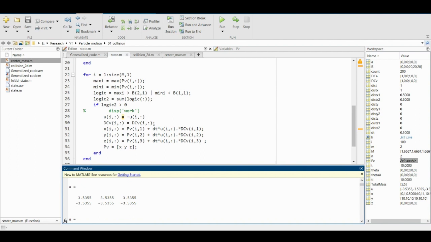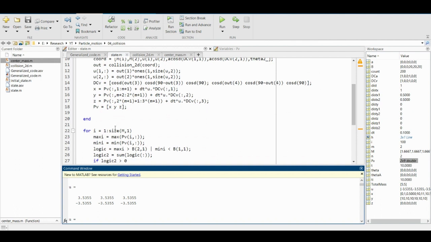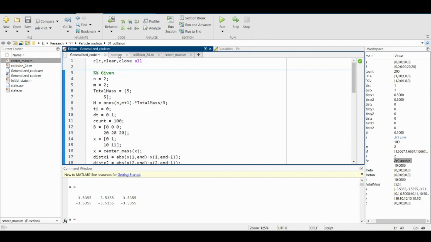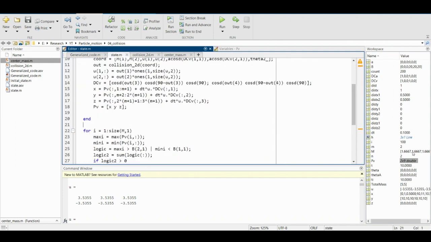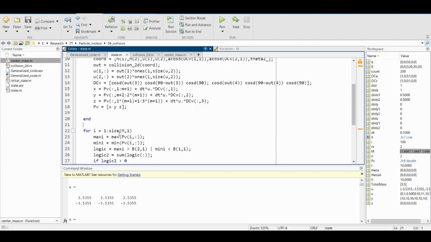Then it's if maxi of p, not all, for I is equal to 1 to size of... wait a second, I need to start from this point. So I is going from 1 to size of m. What is the size of m? M has a size of 1 to 3, it's 2, so 2 times is gonna run.